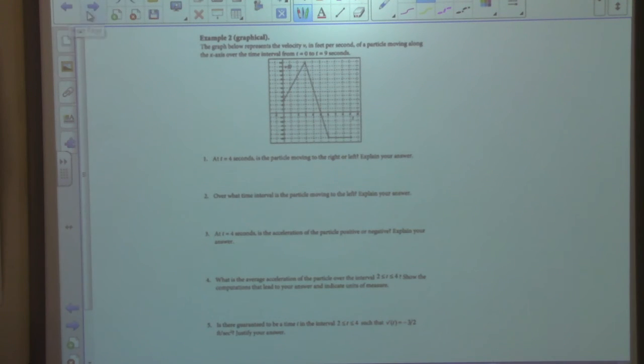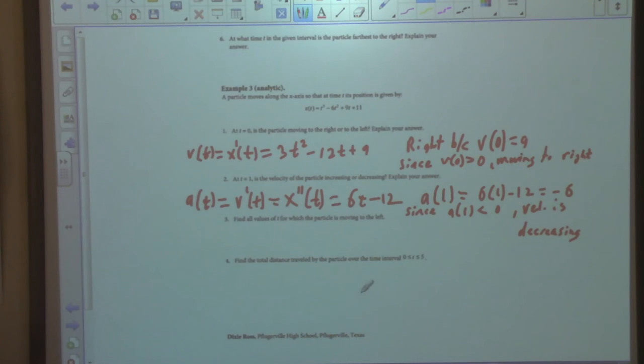Okay, let's go ahead here. Find all values of t for which the particle is moving to the left. So I need to find the critical numbers. I'm looking for moving to the left, so I'll set v(t) equal to 0.